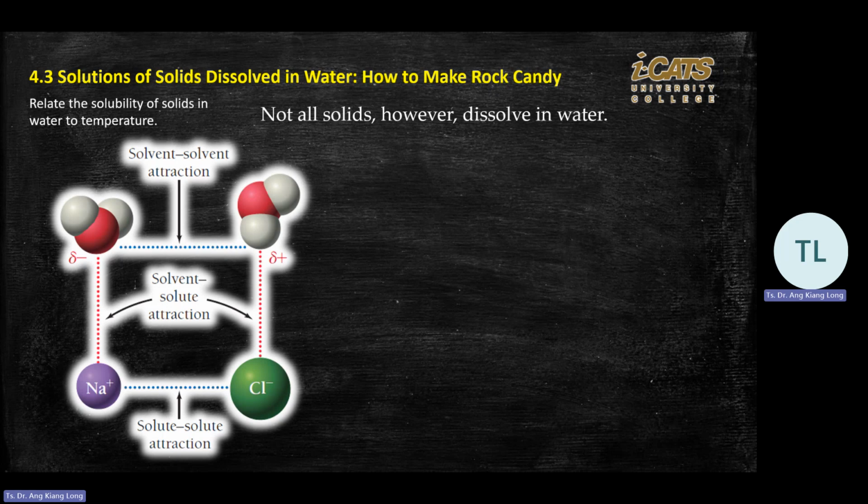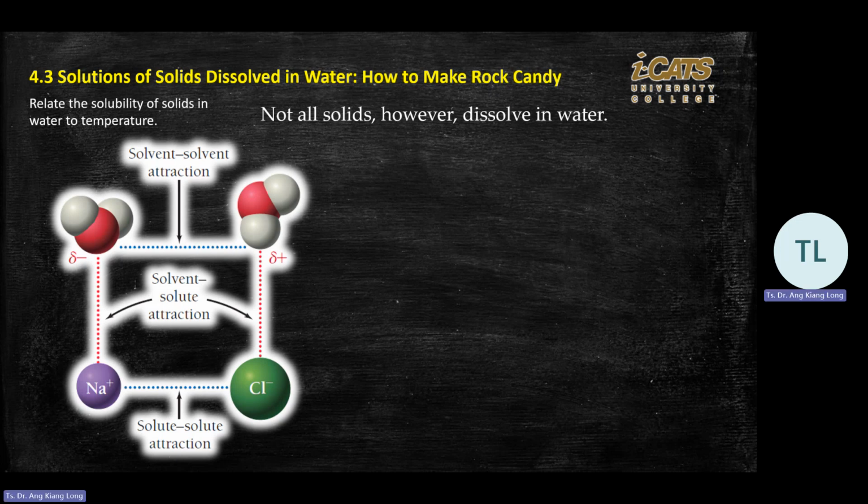Okay. So if this solvent is polar, it must mix with a polar solute. When you say polar, it means they have a positive and a negative side. The solvent has delta negative, which will combine with the positive ion.